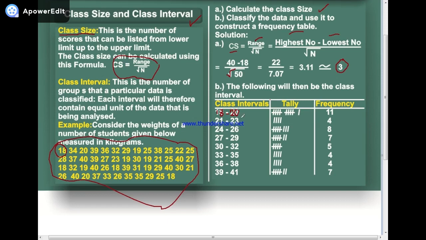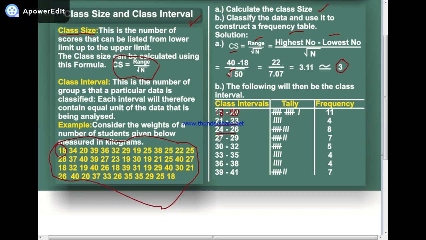Now you move to the next line, which is 21. You do not start from 20; you start from the next number, which is 21. You count 3 again: 21, 22, 23. So that is 21 to 23. You start from the next number again, which is 24. You count 3 again: 24, 25, 26. So we have 24 to 26.